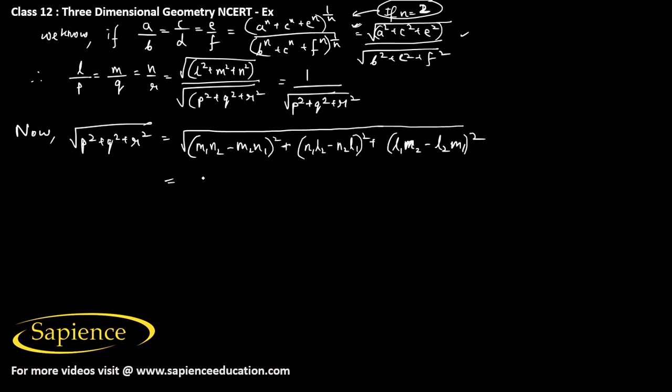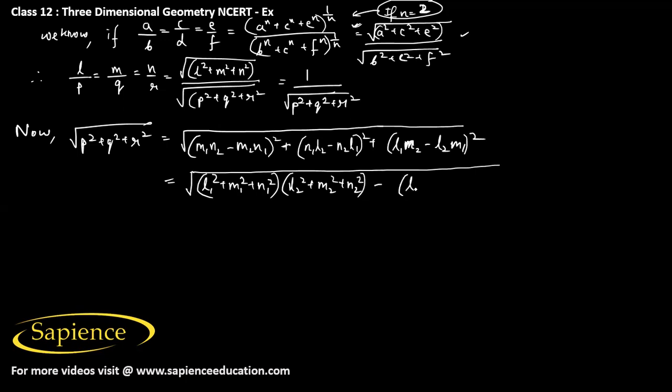Now we can prove that this is also equal to square root of (l1 square plus m1 square plus n1 square) into (l2 square plus m2 square plus n2 square) minus (l1 l2 plus m1 m2 plus n1 n2) whole square.